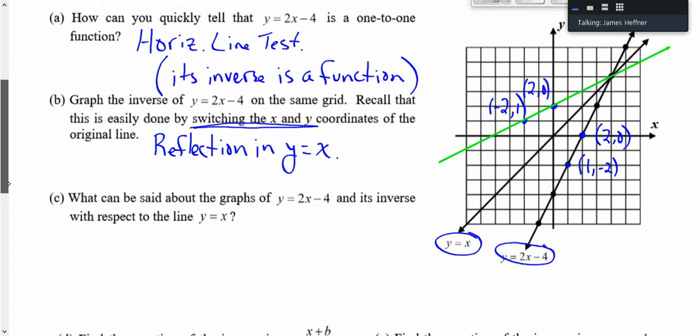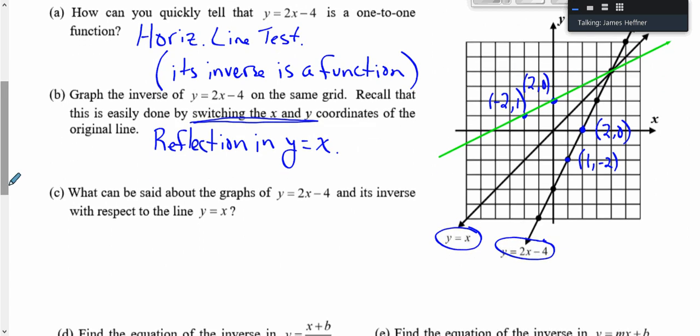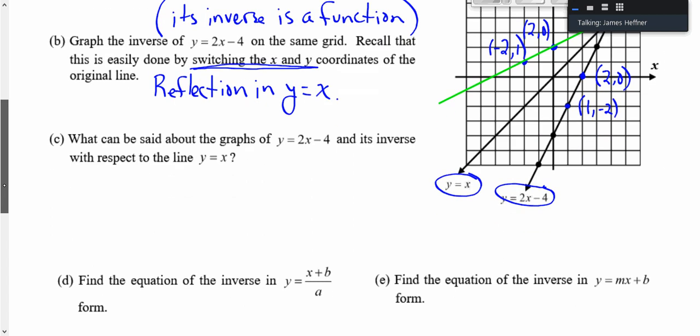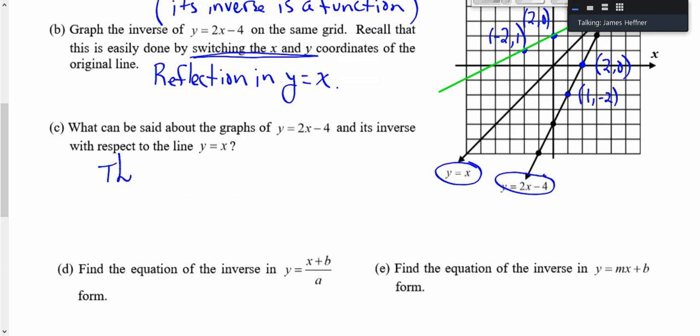Okay, let's go down to part C. What can be said about the graphs of y equals 2x minus 4, the original, and its inverse? Well, we just said it, didn't we? I got ahead of myself, right? So they are reflections of each other. First of all, we got that.